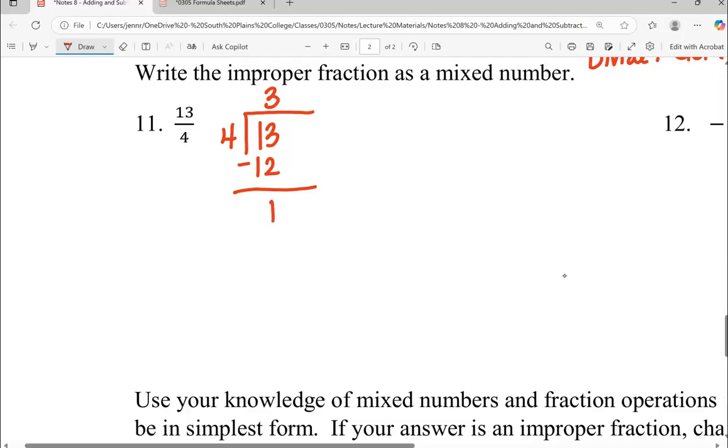There's nothing left to bring down, so this is my remainder. Well, now that we've talked about fractions, what this is telling me is that I went in there 3 whole times and had 1, remember what I divided by, 1/4 left over.